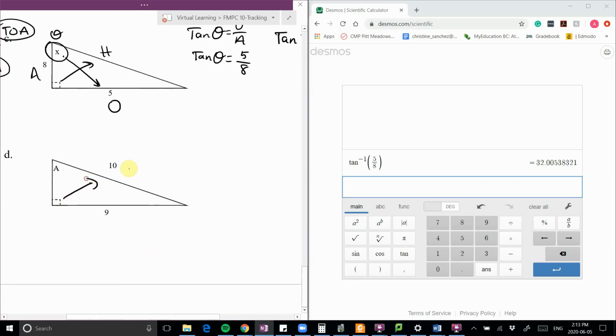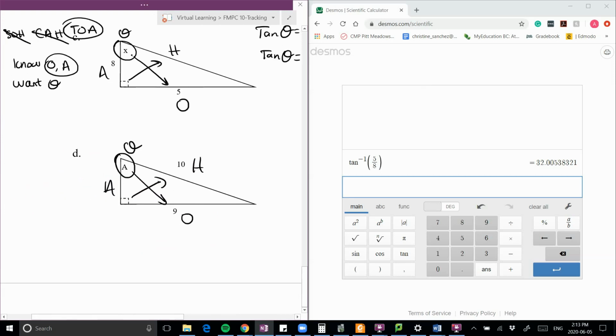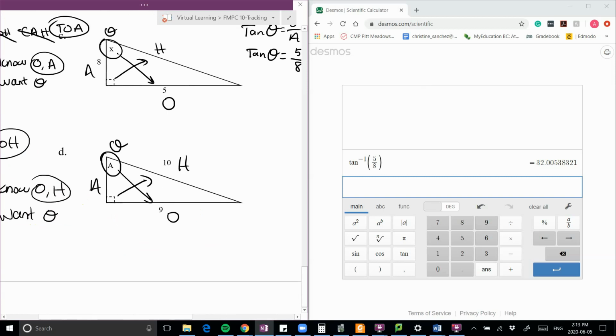So hypotenuse, theta, opposite, adjacent. What do I know? O and H. What do I want? Theta. So look at that. We don't even have to go through all of them because that matches my sine.